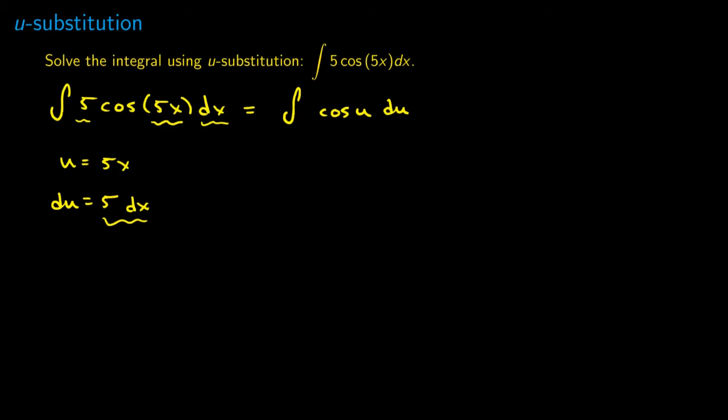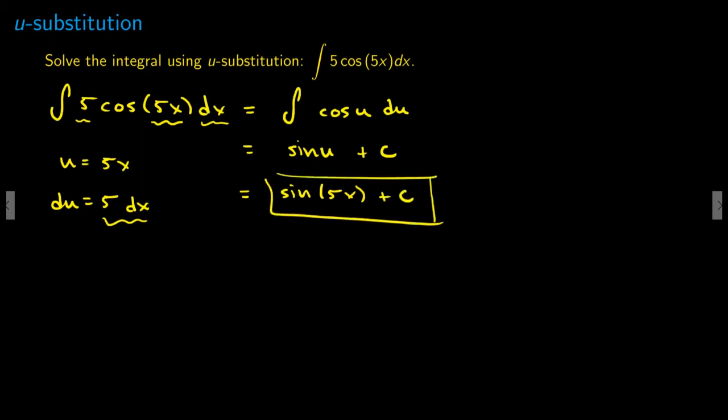But we know how to integrate this function. We know how to integrate cosine. It's just sine of u plus some constant of integration, c. And then we can back substitute to get back in terms of x's: sine of u is just 5x, so we get sine of 5x plus c. And that's exactly what we had before.